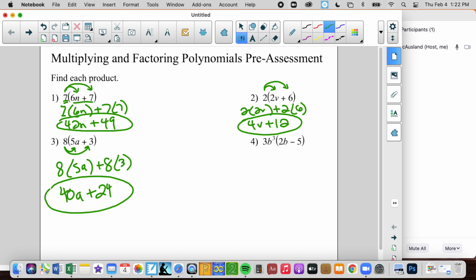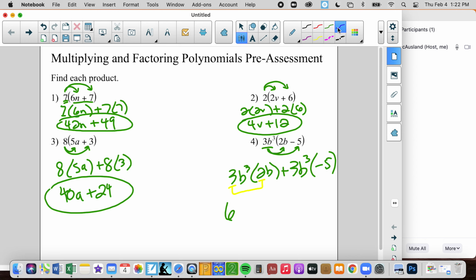Now this one, number 4, notice what we're distributing has a variable. So we're going to distribute that to each of the terms still. We're going to have 3b cubed times 2b plus 3b cubed times negative 5. Don't forget that negative. So here we're going to multiply the coefficient times the coefficient, which gives us 6.